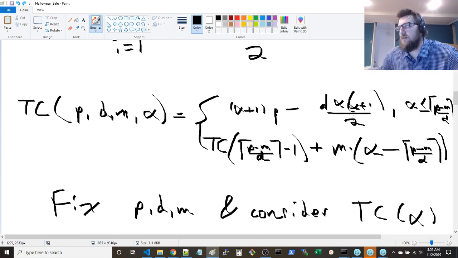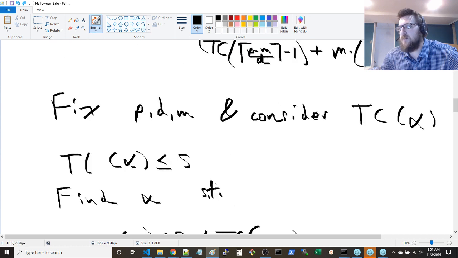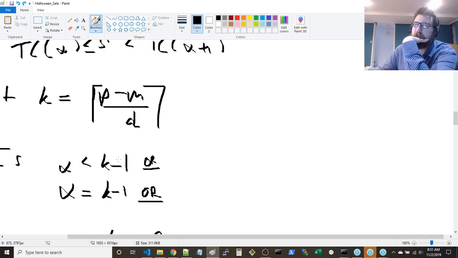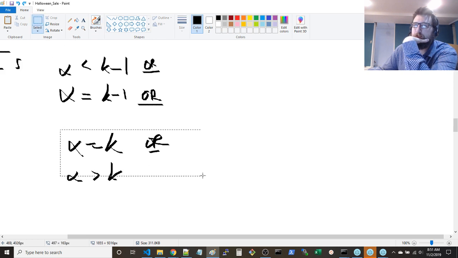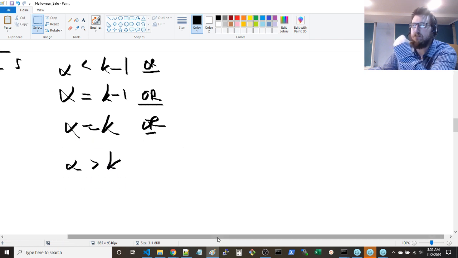Let me think about this. Less than or equal to k. So it could be k minus 1. Less than or equal to k minus 1 is going to put you at, if you're equal to k, or we just do it this way. That's fine. We can just do one by one and see if we're equal to k, k minus 1 equal to k, and then greater than k, right? These are 4 different cases.